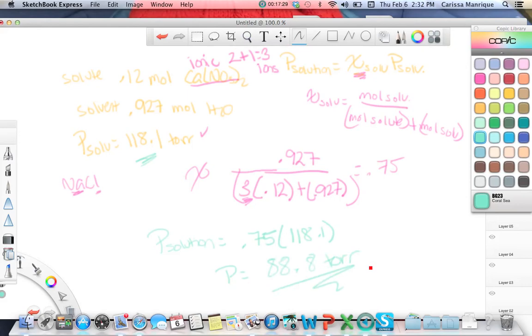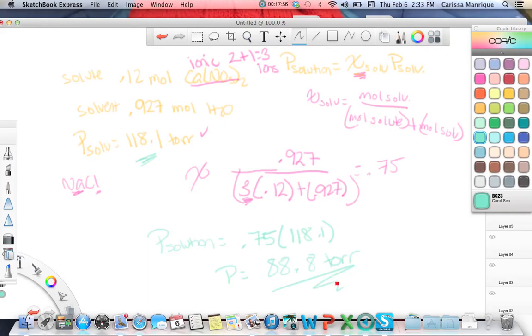Again, do you see that an ionic compound, since it's going to break up into ions, has this new multiplication factor, so it has more of a dramatic effect on the vapor pressure. Before, it only went down, I believe, 0.7 torr, which is almost nothing, but it is something. But look how far this went down. It started out at 118.1 and it went down to 88.8. That's way more dramatic.